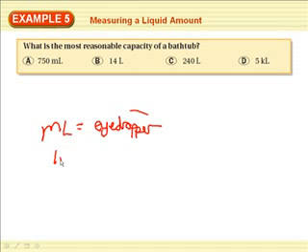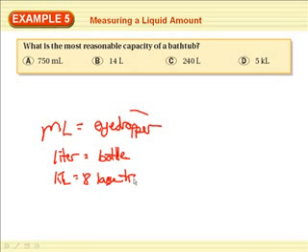A liter, and many of you know a liter, is about the size of a bottle, like the bottle that I have on my desk holding water. And a kiloliter, KL, is about 8 large trash cans.